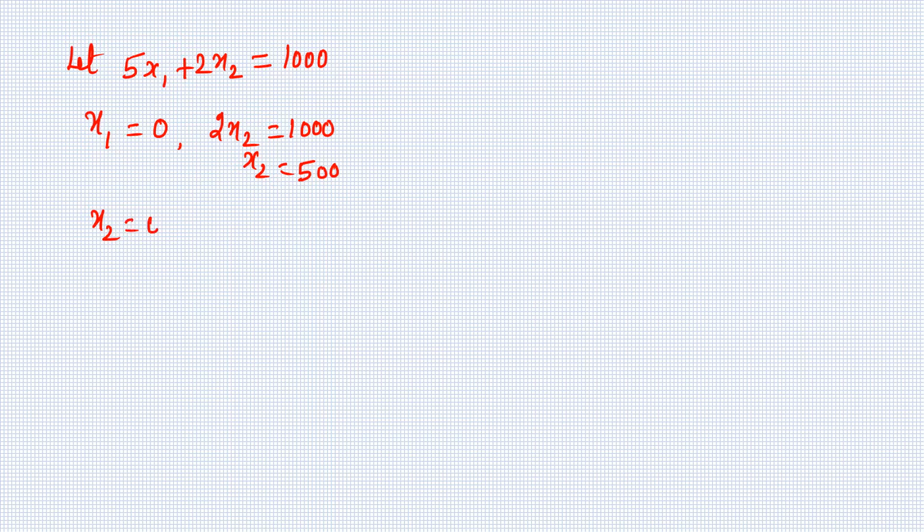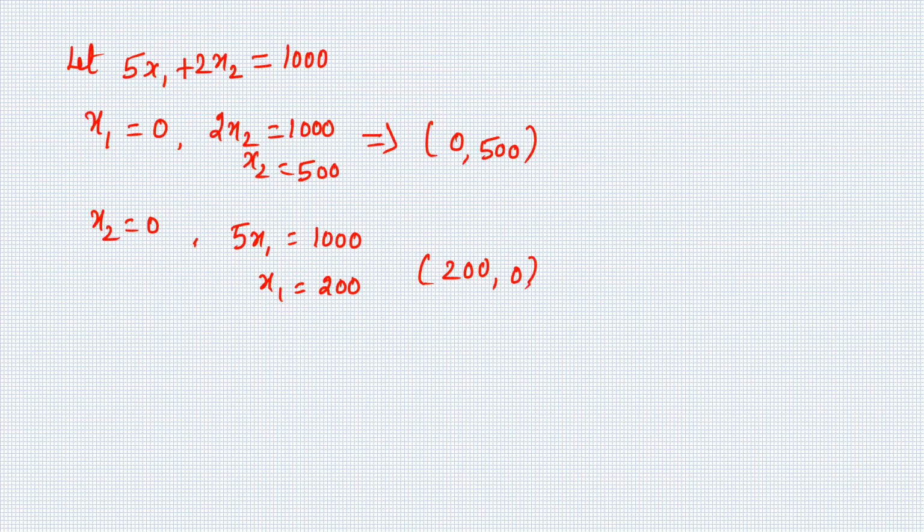Same way, if I substitute x2 equal to 0, 5x1 is 1000, so x1 is 200. So the points are (0, 500) and (200, 0). These are the points where this line cuts the axis.